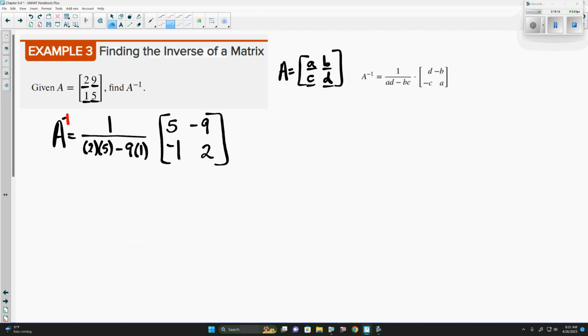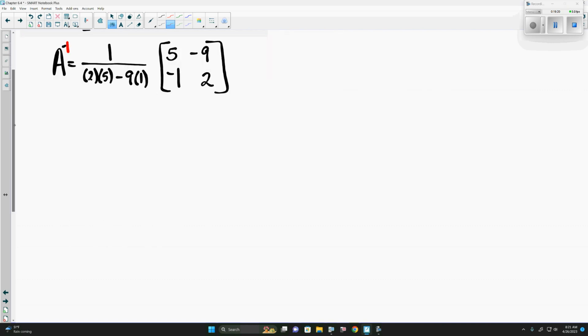Well, that matrix already does look like the inverse, doesn't it? And we'll see why here in a second. Because if we do this first part, well, 2 times 5 is 10, minus 9 times 1 is 9.